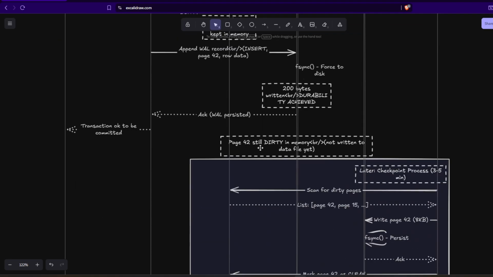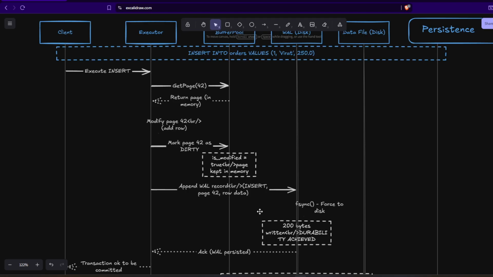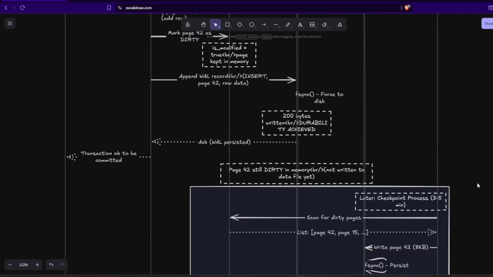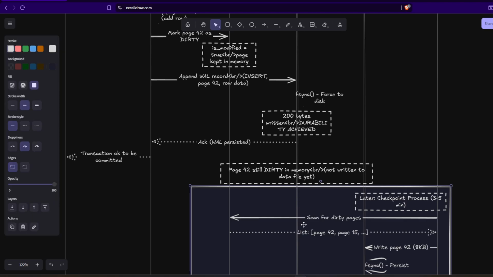Now this page 42 is still dirty, right? When we actually fire up an fsync, which can be fired in many ways, for example every 15 milliseconds the database can periodically call fsync, or there can be some other mechanism, what happens is it will scan for all the dirty pages.